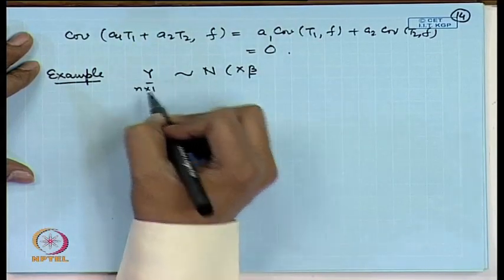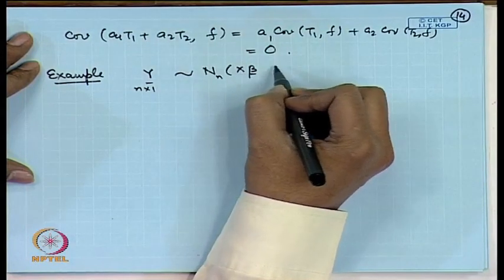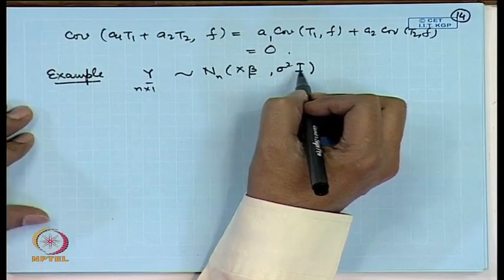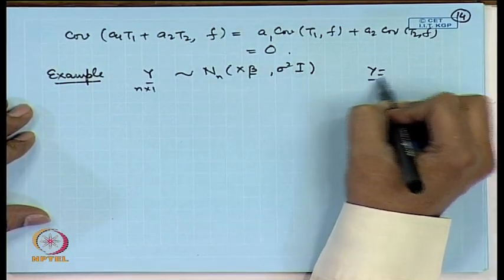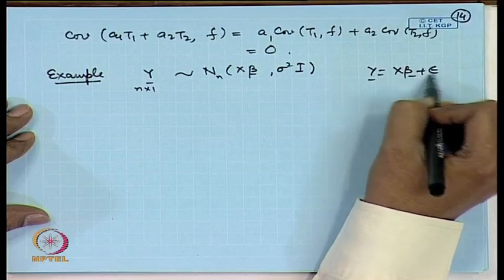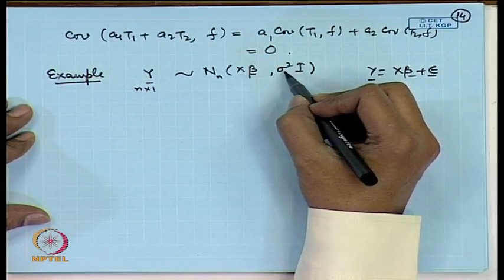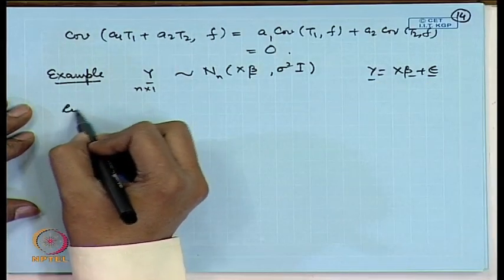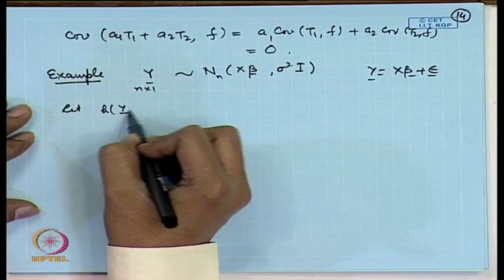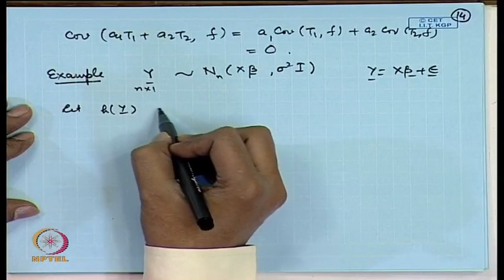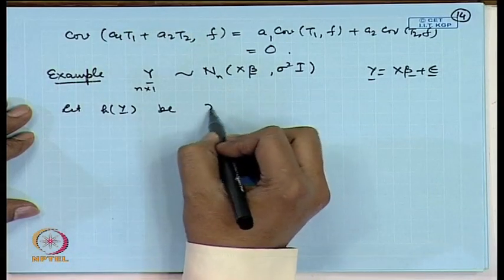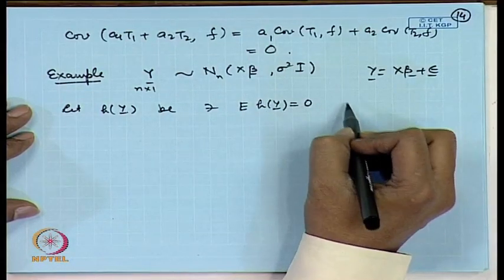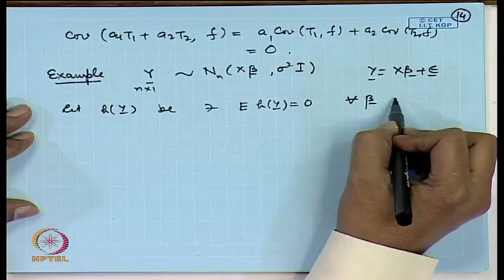Y is an n by 1 vector with mean X beta and variance covariance matrix sigma square I. Actually, it is the part of the Gauss-Markov linear model where we write it as Y equals X beta plus epsilon, and epsilon follows normal 0, sigma square I. So let us consider h(y) to be a real valued function such that expectation of h(y) is 0 for all beta.